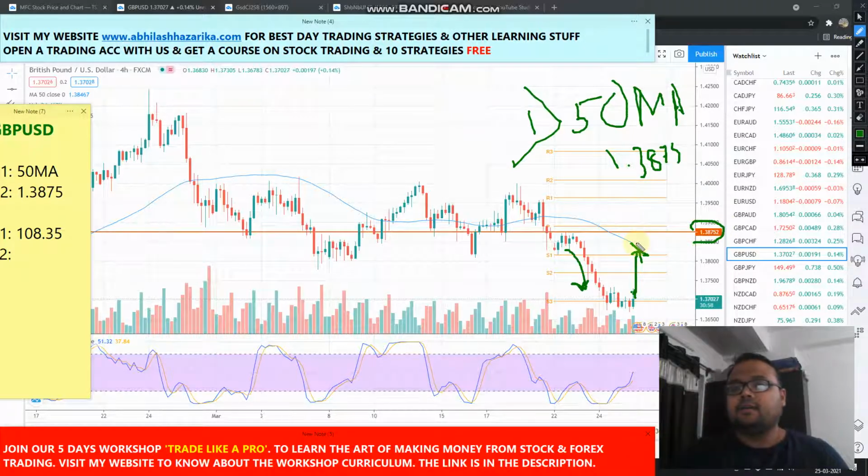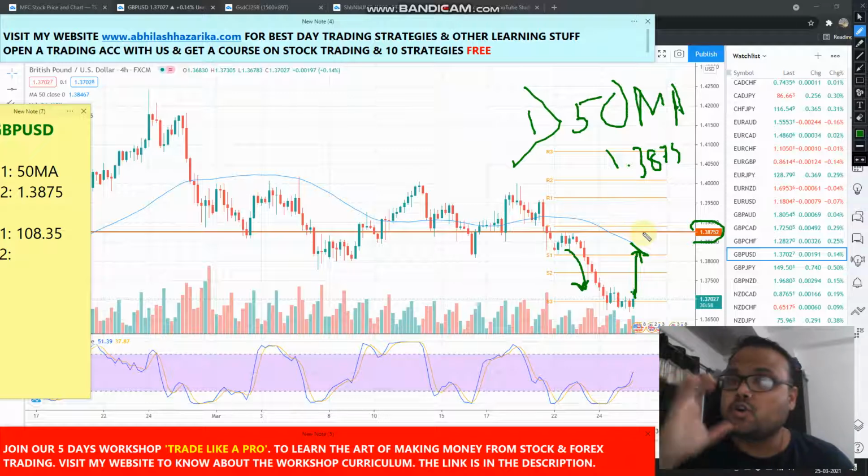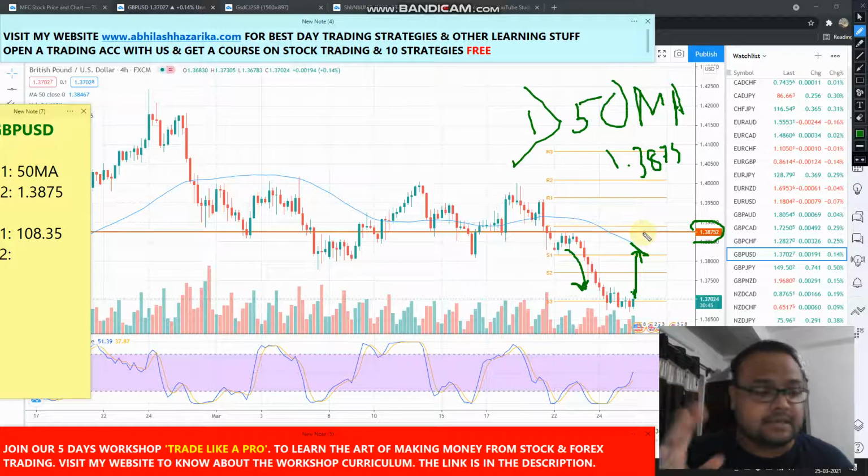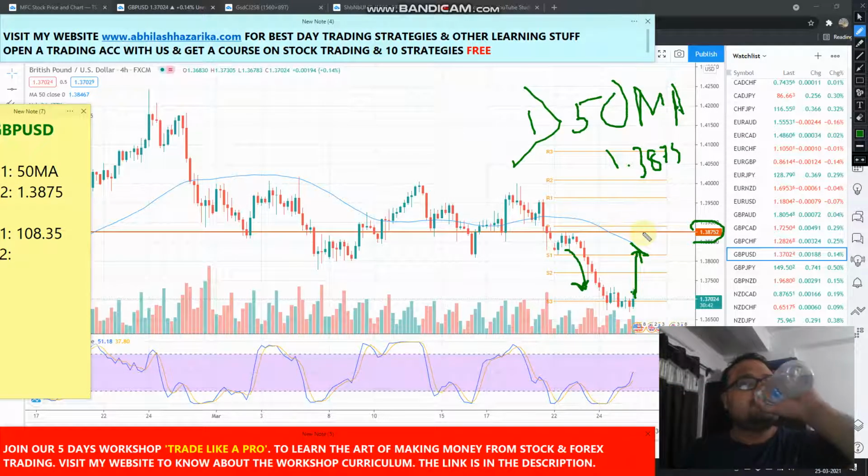Whether the market goes up to the 50 moving average or this 1.3875 level, it will act as a resistance and provide good resistance to the market. It will not allow the market to go up easily. So if the market reverses from there, you can just short the market. That is your strategy number one.